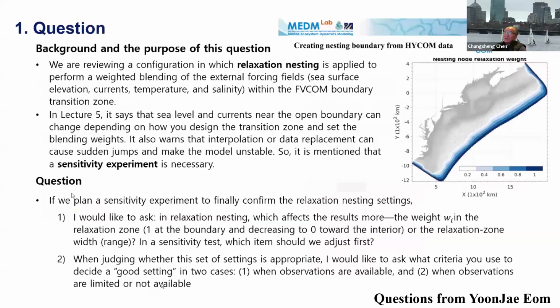We can answer the last question. So this question is about the relaxation boundary. That's a very good question. The reason we put in the relaxation boundary condition is that your local model runs with local forcing, but you use another model, for example from HYCOM or NEMO.